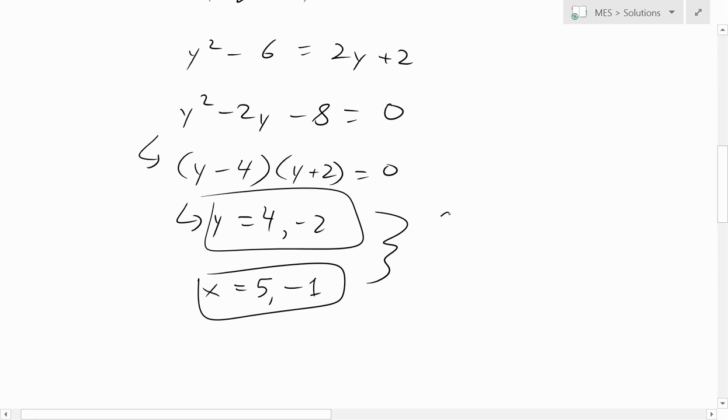So the two intersection points are at 5 and 4, and this one is at negative 1 and negative 2, with x first and y second.